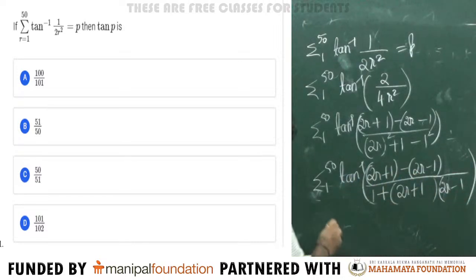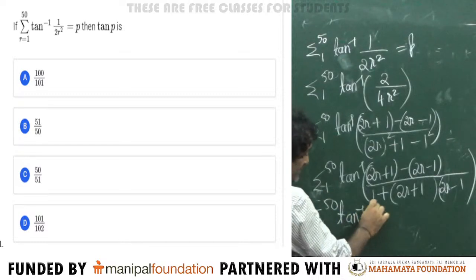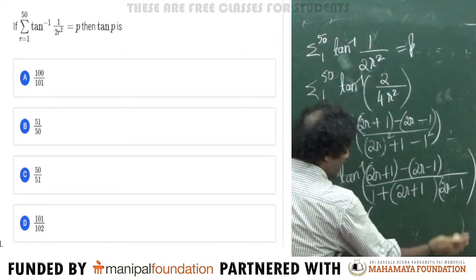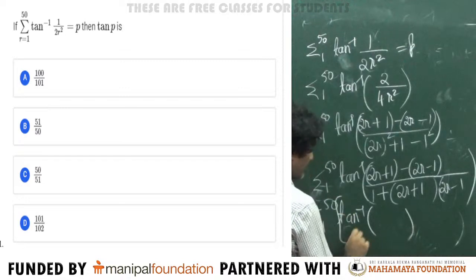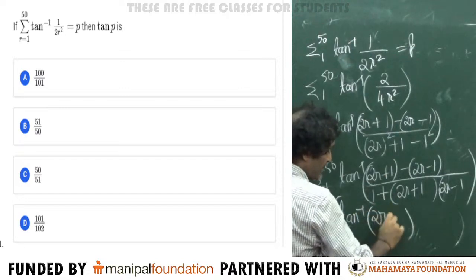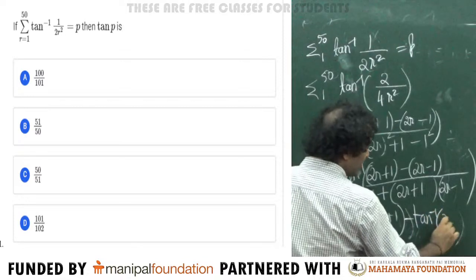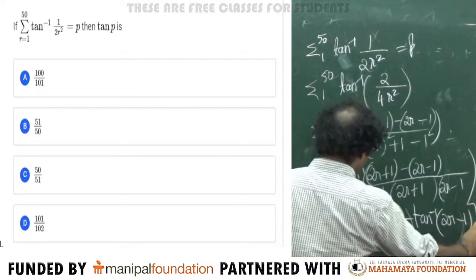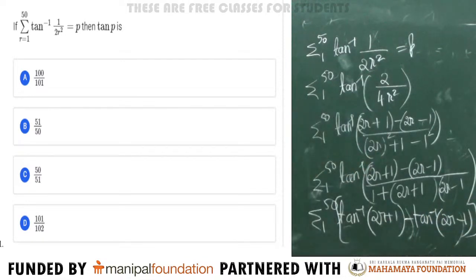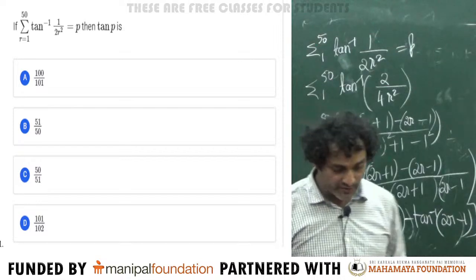Isn't it tan inverse x minus tan inverse y? This is tan inverse x, where x is 2r plus 1, minus tan inverse y, where y is 2r minus 1. Is that okay? Now wherever r is there, put 1 and tell me what you get.